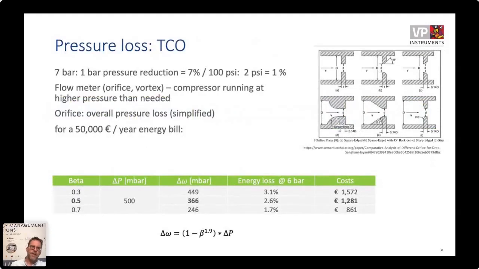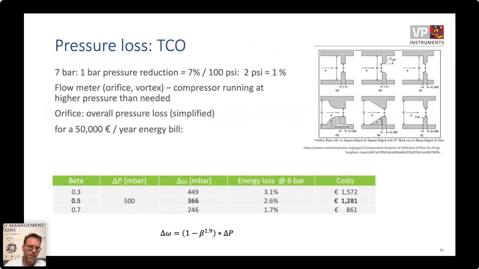Now, the thing that is often overlooked is the total pressure loss, and I already mentioned it in my LinkedIn post a few weeks ago. If you use an orifice meter, it will have permanent pressure loss. As most of you might know, if you have a compressed air system running at 7 bars and you could reduce the pressure by 1 bar, or in the imperial world, a 100 psi system, it's almost the same, and you would reduce the pressure by 2 psi, you can save energy, and that energy will return every year again in savings.